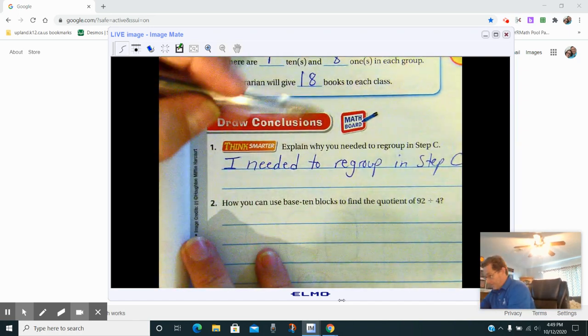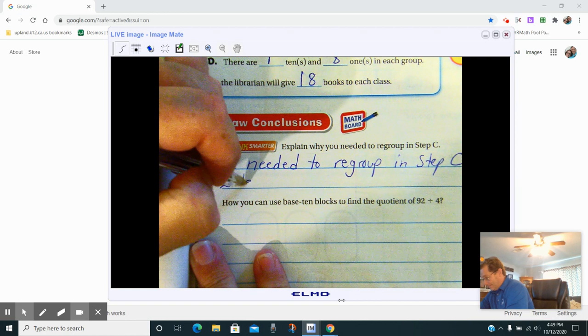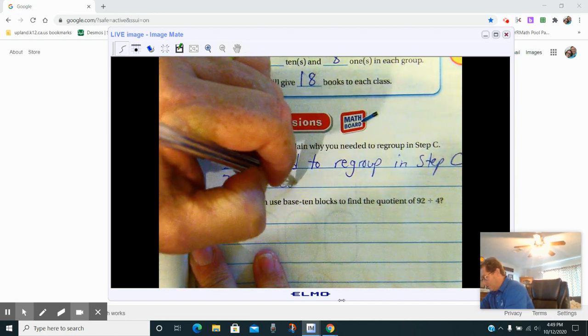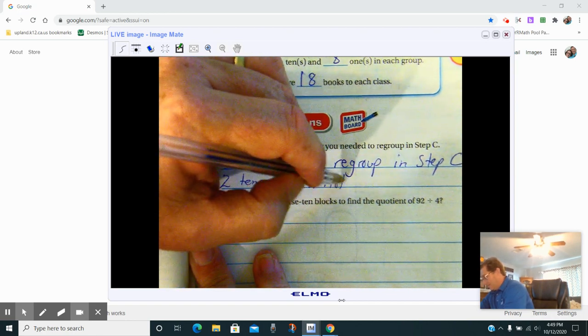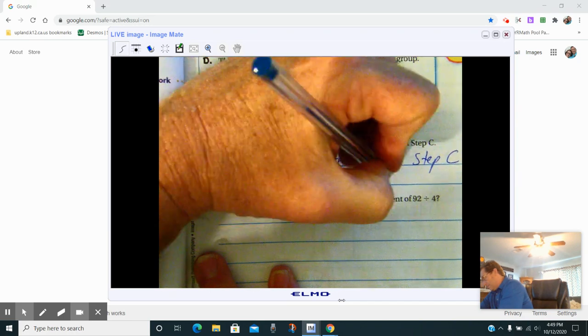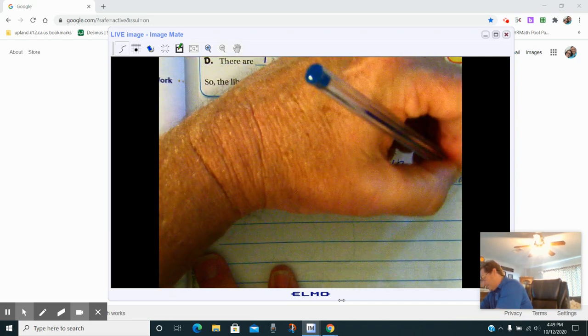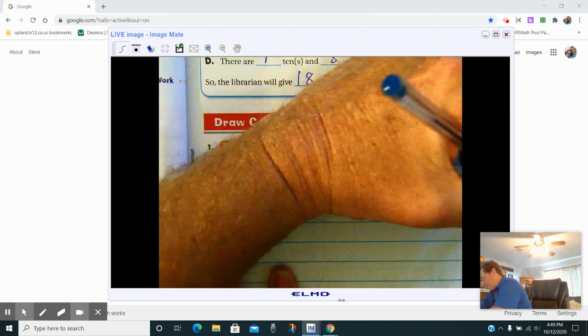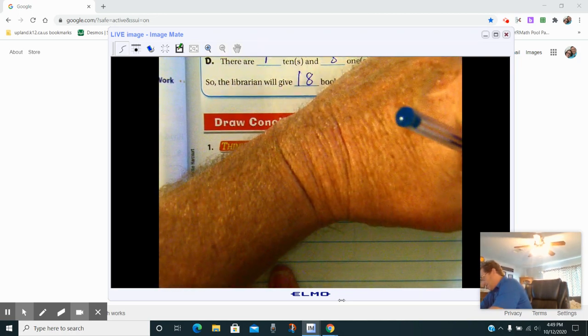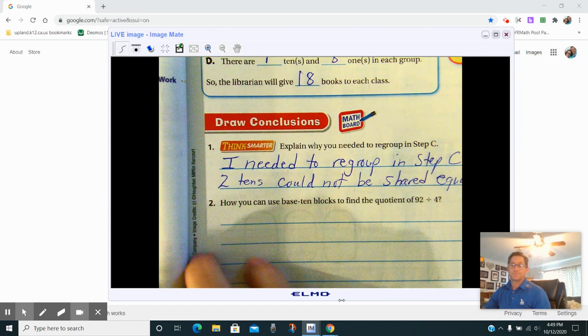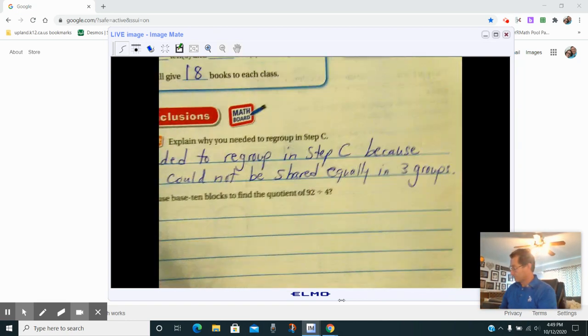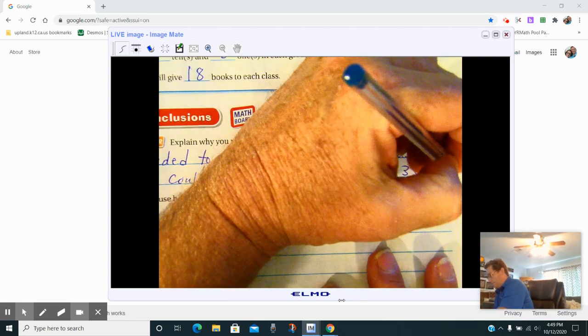Because 2 tens could not be shared equally in 3 groups without regrouping.